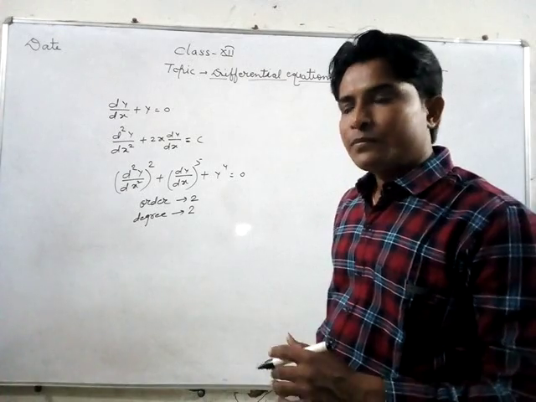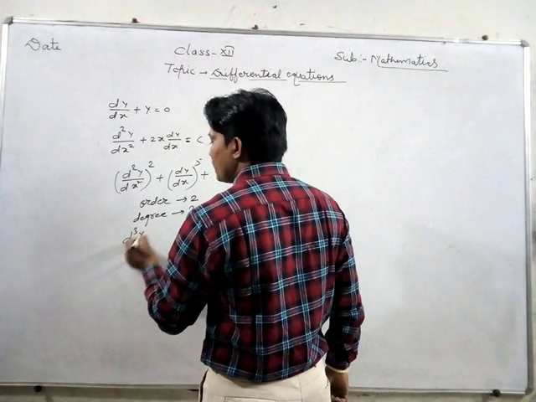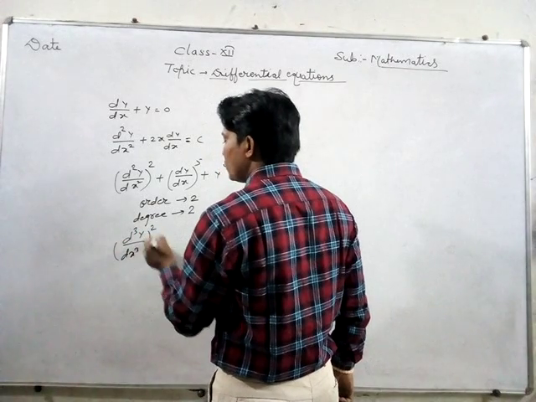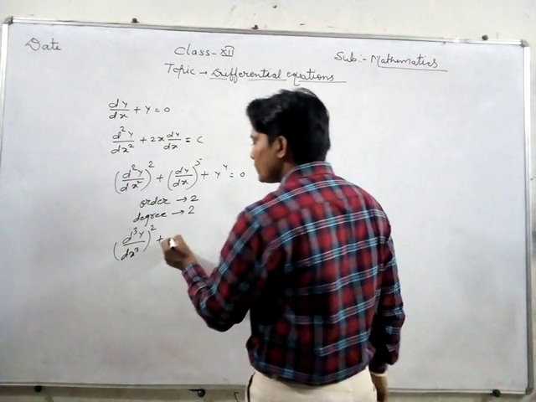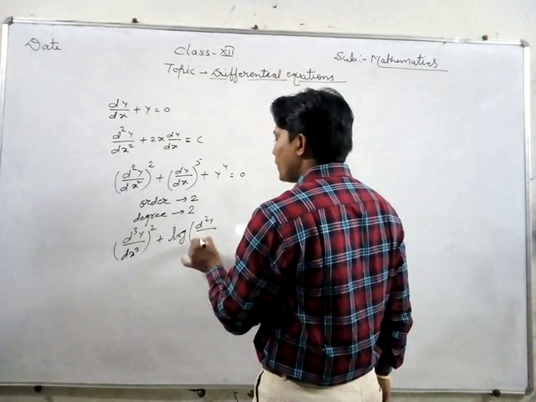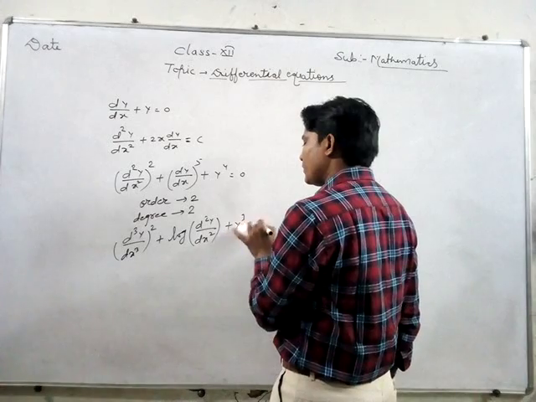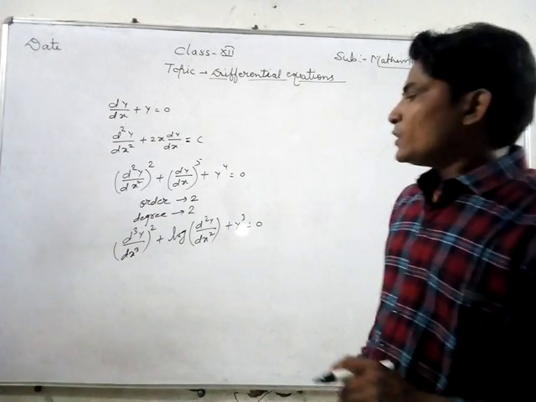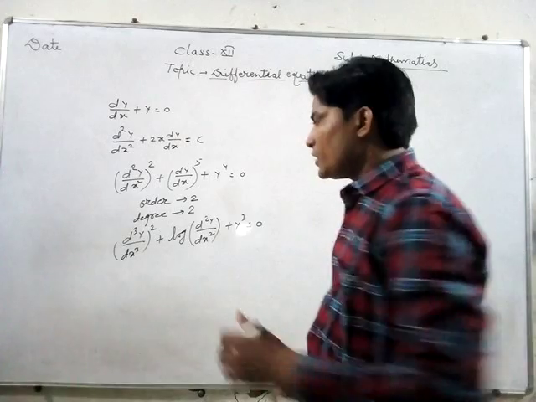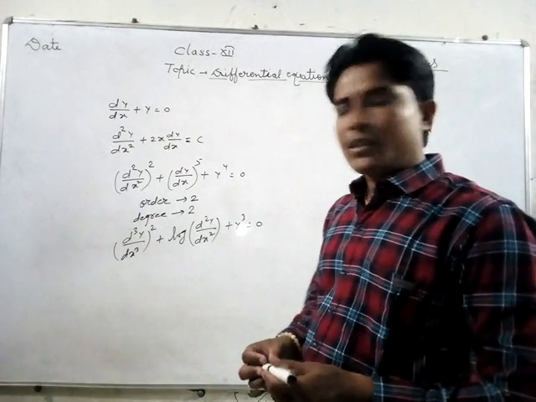But many times the differential equation is given like this: (d3y upon dx cube) whole power 2 plus log of d2y upon dx square plus y cube equal to 0. This is also a differential equation, because here it is differentiated 3 times.